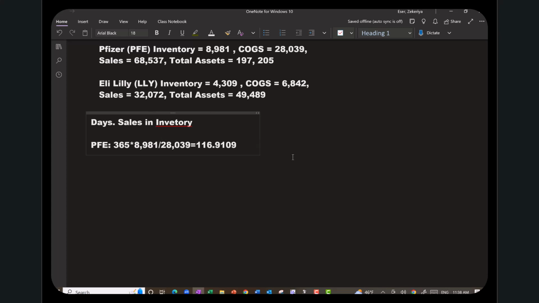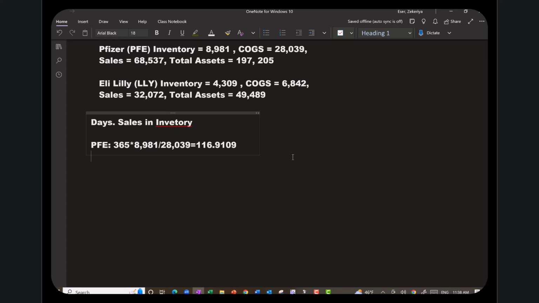That's 116.91. So roughly speaking, it takes Pfizer about 117 days, a little bit less than 4 months, to clear its inventory. It's a pharmaceutical firm, so things may take a little bit.